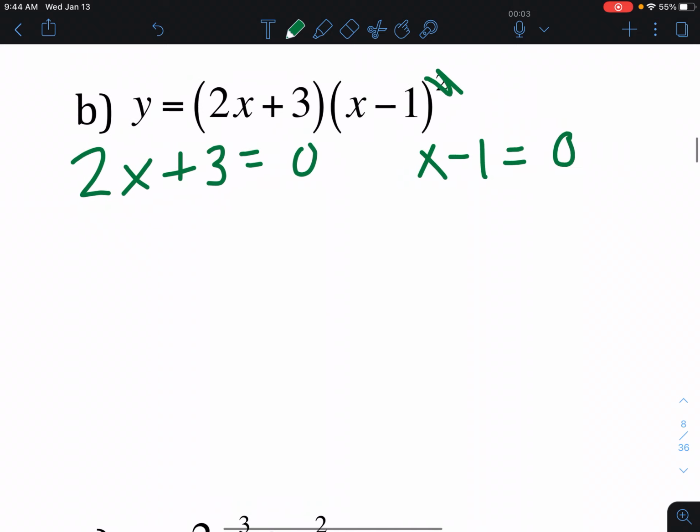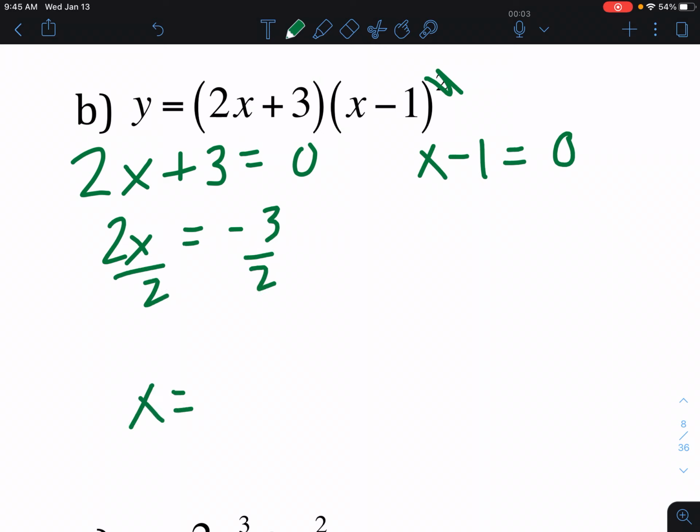So if it repeats, in terms of getting answers, we wouldn't repeat our answers anyway. So the first one we would subtract 3 and divide by 2. So you can call it -1.5. And the second one, add 1. So we have 2 zeros, also known as roots. You might hear me say roots today instead of zeros. Same thing.